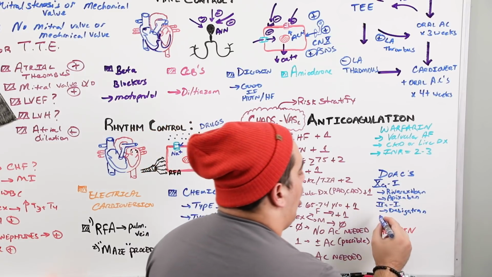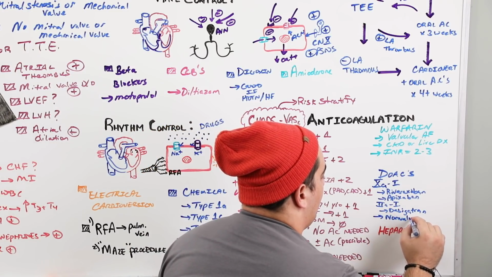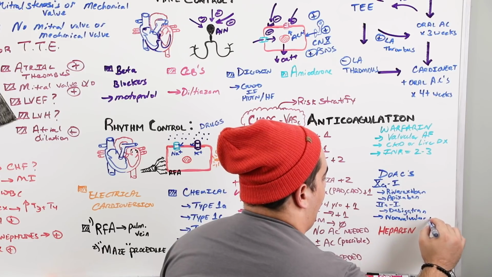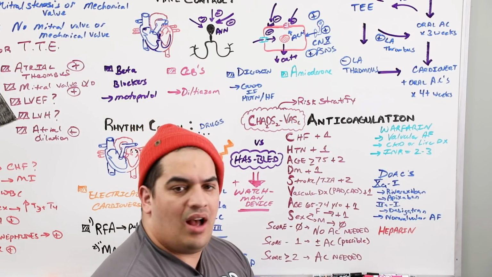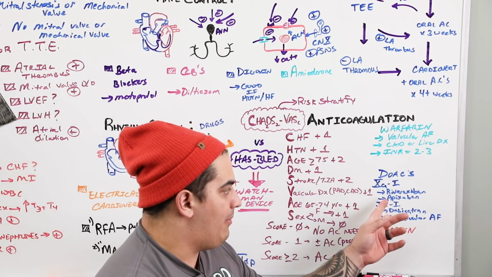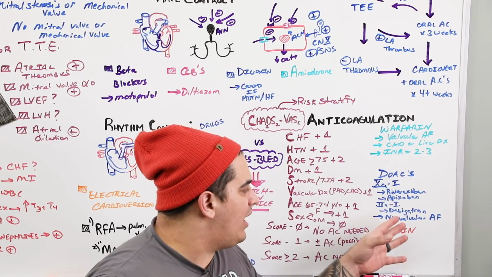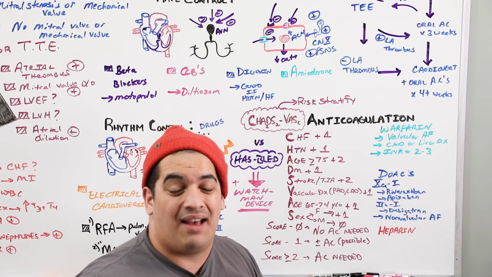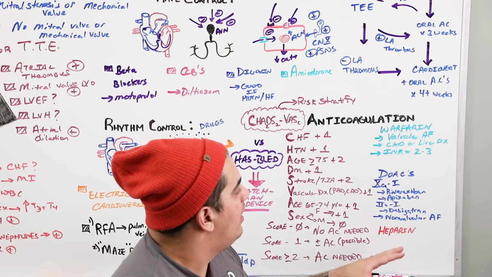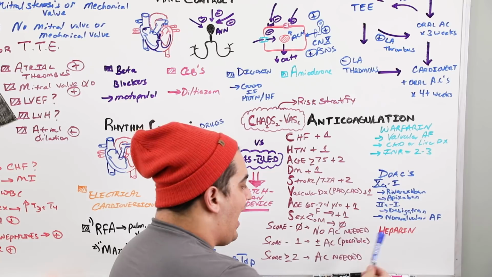Any of these are generally good for someone with non-valvular AFib. You can prescribe these, and you can also use them if they're in the hospital. These have a lower risk of bleeding in comparison to warfarin, which carries a higher risk of bleeding. So we've got warfarin, we've got DOACs, and we've got heparin.